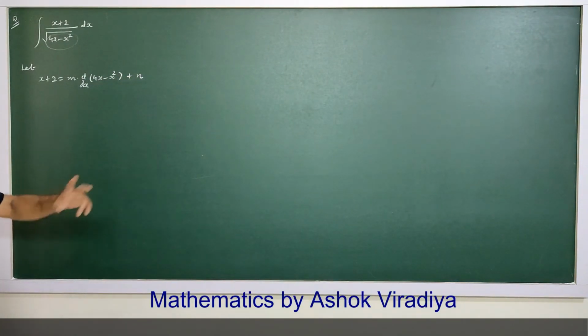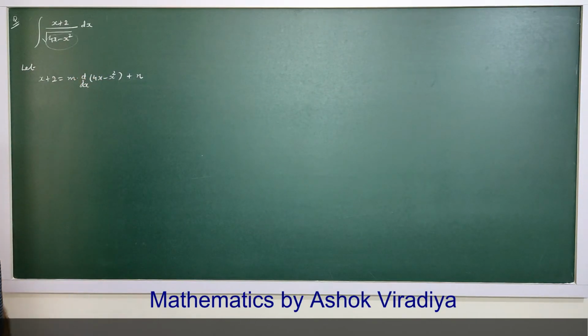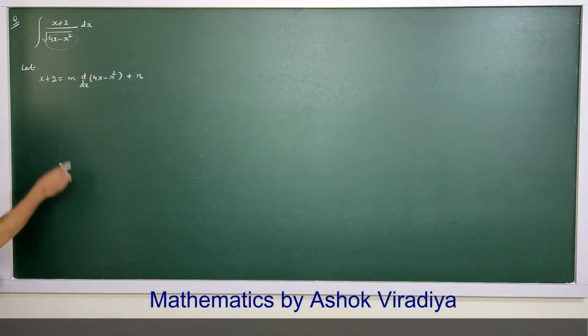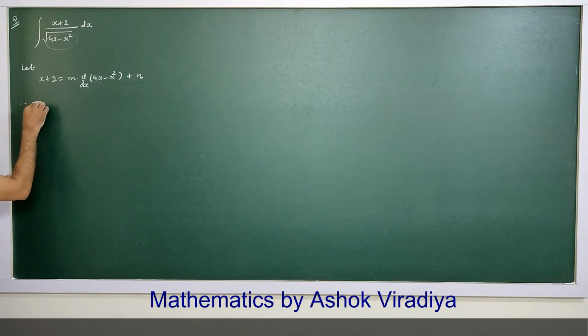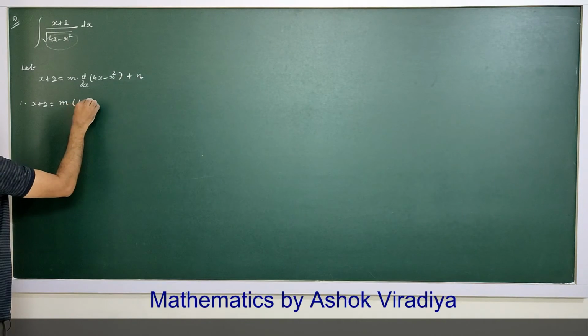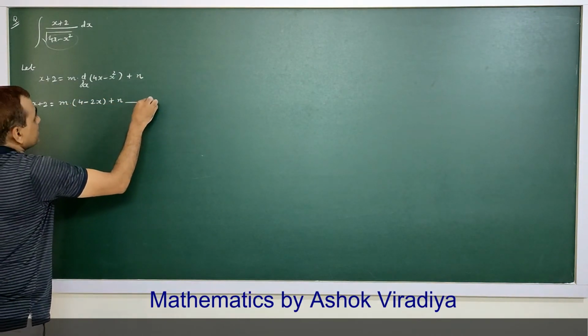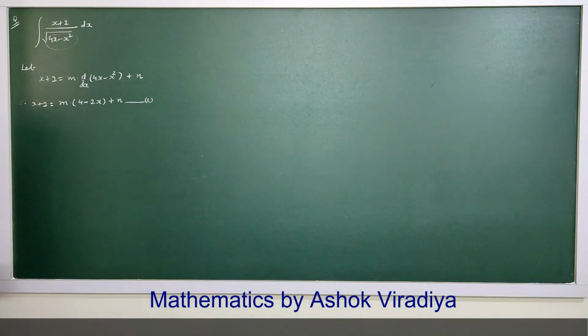M into d by dx of the denominator plus n. So x plus 2 equals m into 4 minus 2x plus n. Let me say this is equation 1.